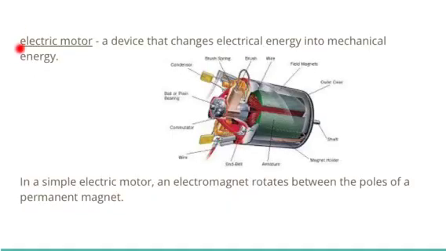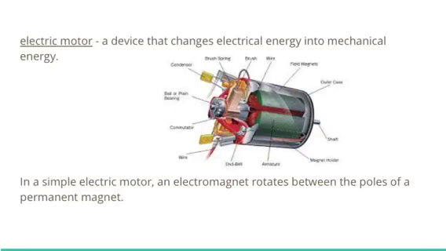Next here we've got an electric motor. An electric motor is a device that changes electrical energy into mechanical energy. There's a bunch of different parts to an electric motor. In a simple electric motor, the electromagnet rotates between the poles of a permanent magnet. Here, these would be our permanent magnets, called the field magnets, and inside is our electromagnet that rotates.